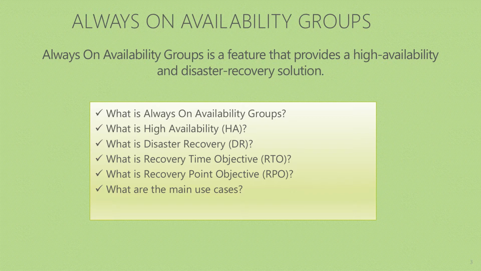Before we get into AG, let's take a quick minute and discuss what HADR is and a couple of key principles. HA is a technology solution that provides uptime for application databases, typically 24/7, through either planned or unplanned outages. DR is taking action after a failure occurs to ensure that data is recovered and available again for applications and processes.